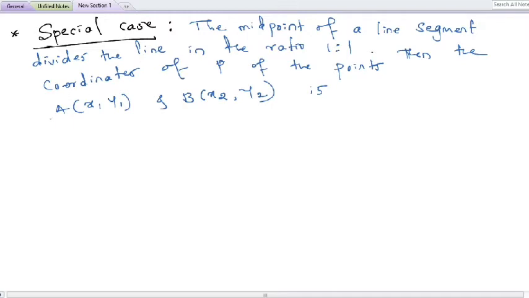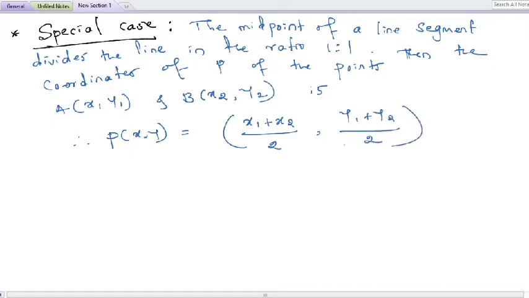very simple. It is a new formula. Therefore, P of x comma y is equal to x1 plus x2 divided by 2 comma y1 plus y2 divided by 2.